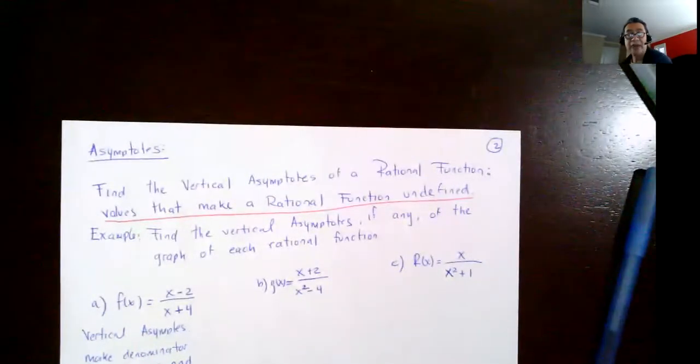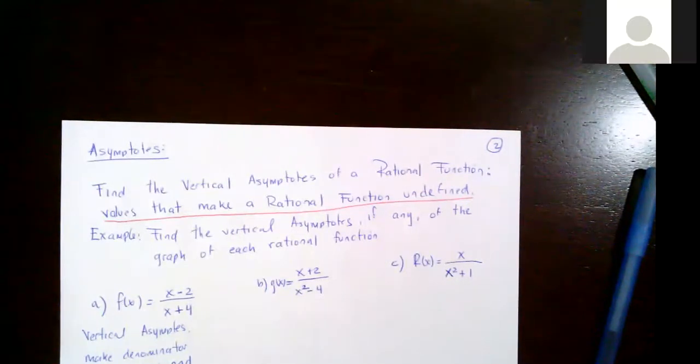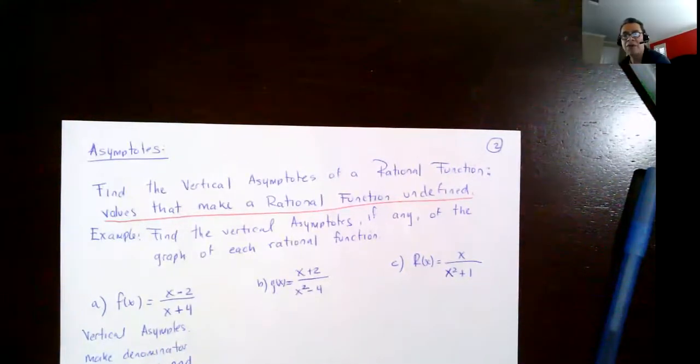You're welcome. All right, now that we know how to find the domain, let's continue to the next page, and we're now going to look at asymptotes. What are asymptotes, by the way? We have vertical asymptotes and horizontal asymptotes.